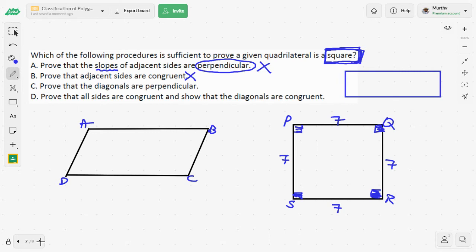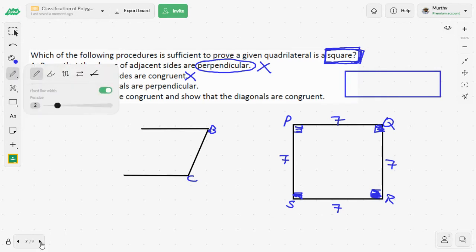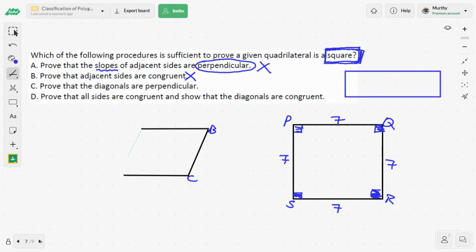Prove that the diagonals are perpendicular. Actually, I'm not having enough space, otherwise let me draw that. No problem. Let me take, probably this would be fine. Just assume that this is a rhombus.